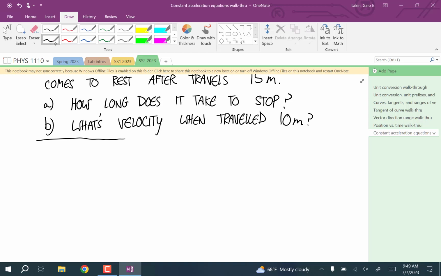And so the only way to do this problem is for your time equals 0 to be at the instant that the object is moving at 7.5 meters per second, and for your time final instant to be the instant when the object reaches rest.